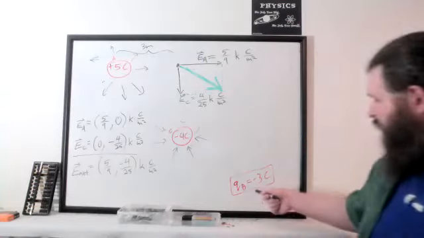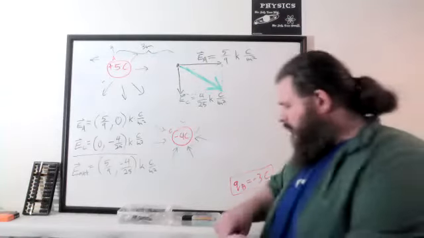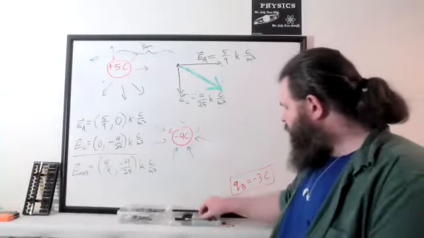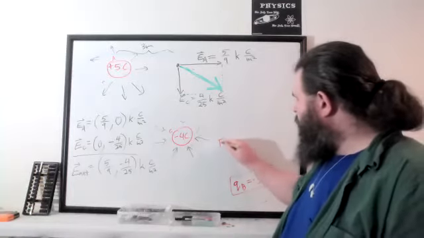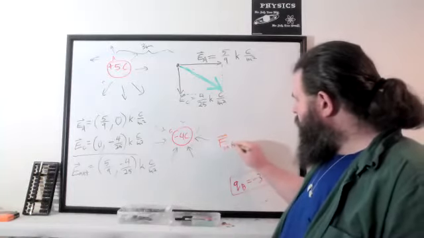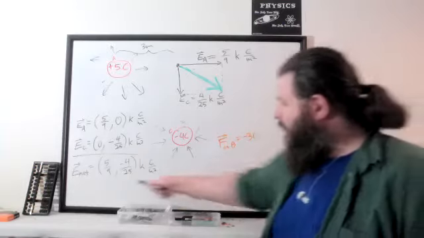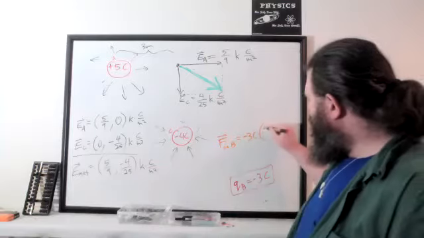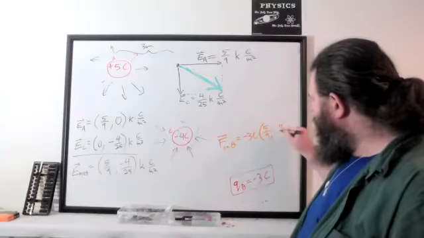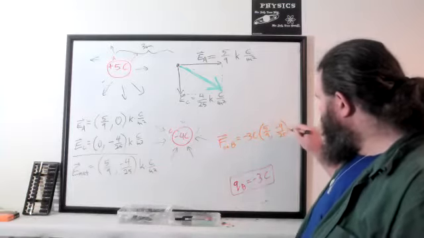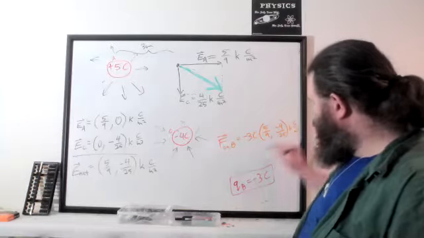Yeah, multiply by charge B, negative 3 coulombs. So that means the force on B is going to be negative 3 coulombs times this vector, 5/9 comma negative 4/25 K coulombs per square meter.